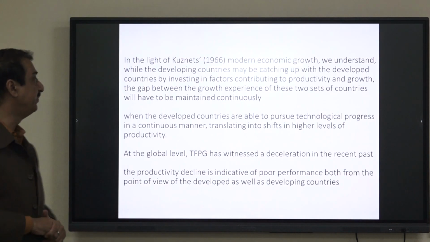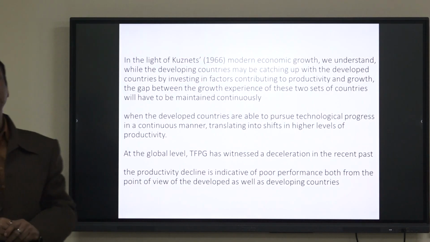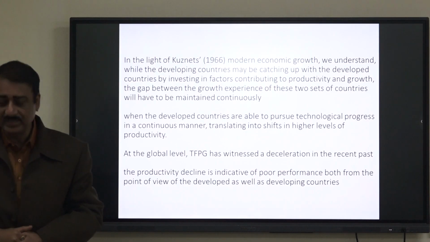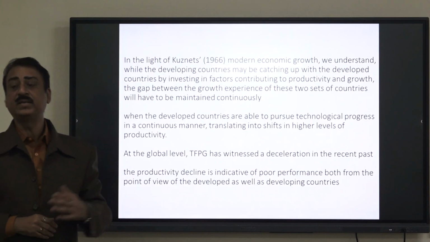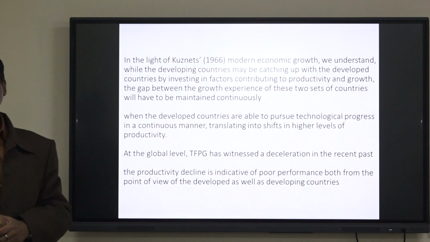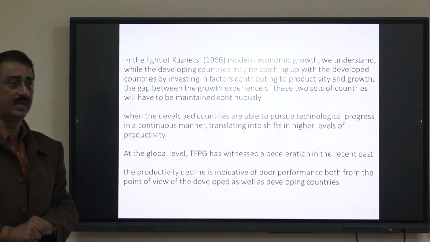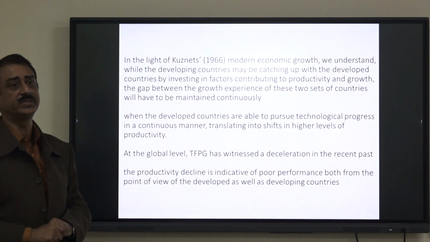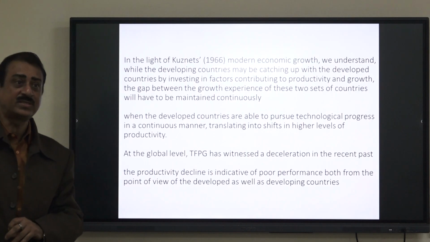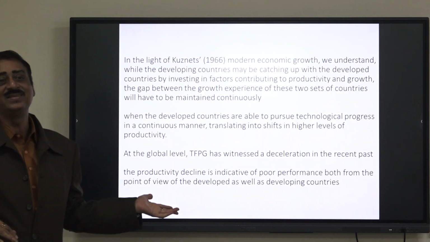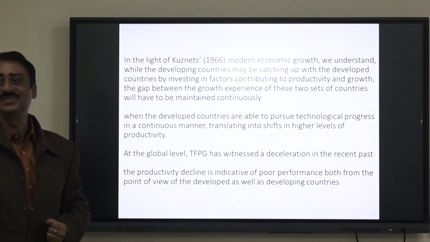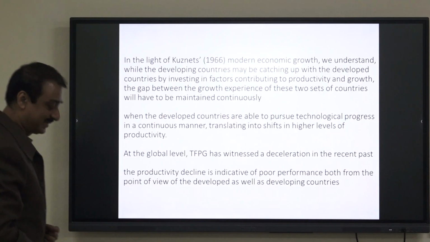So from that point of view, the developed countries are not able to experience further increase in innovation and technological progress. Once it has come to a standstill, then the developing countries are also not able to experience much better technological progress.